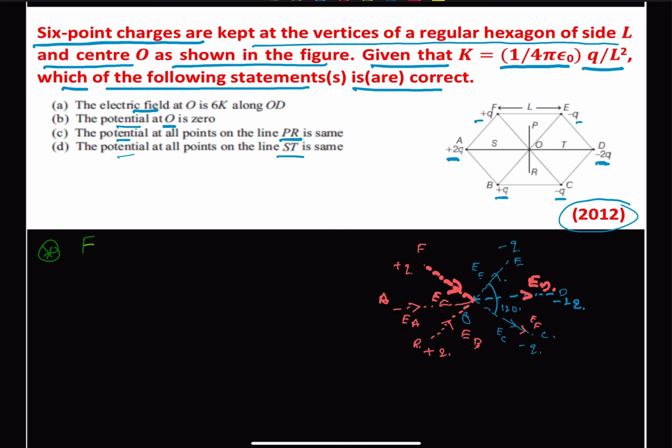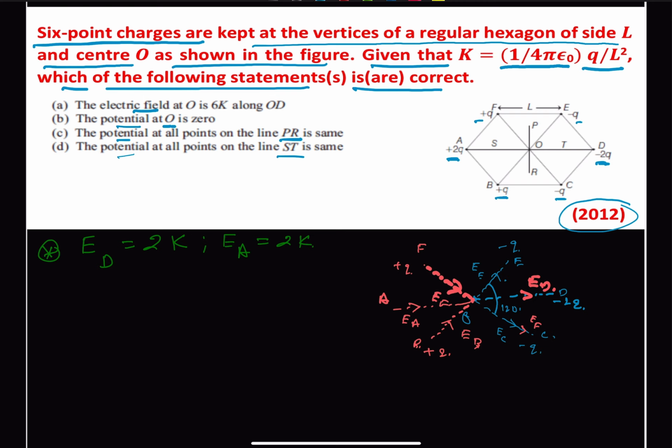So we can say the electric field due to the charge at D is equal to 2K, and EA will also be in the same direction, so EA will also be equal to 2K.